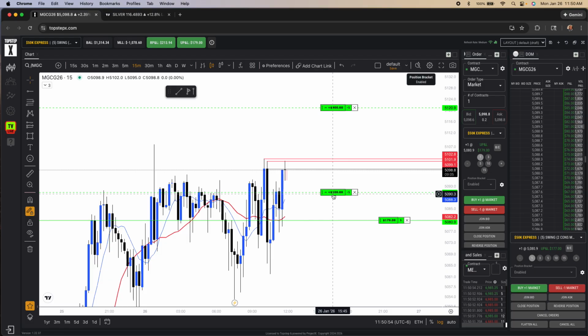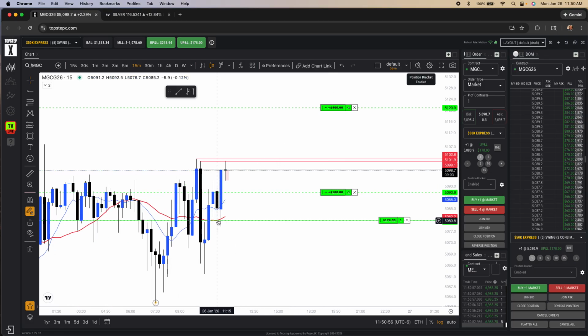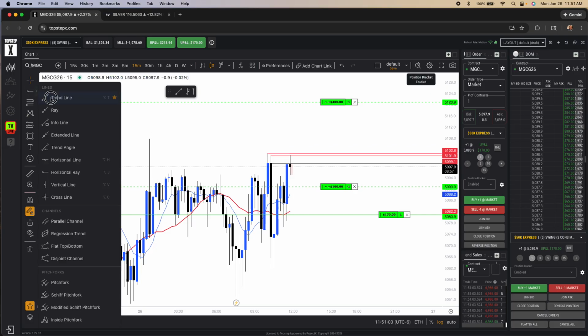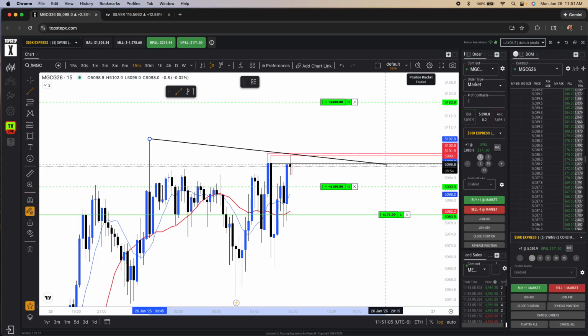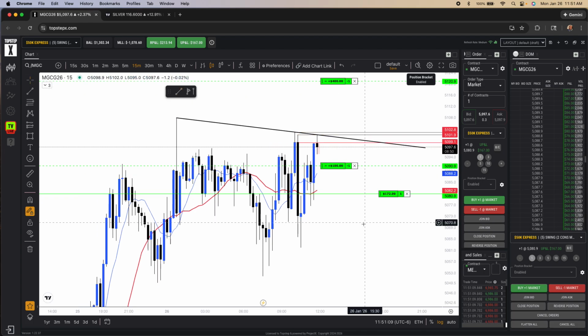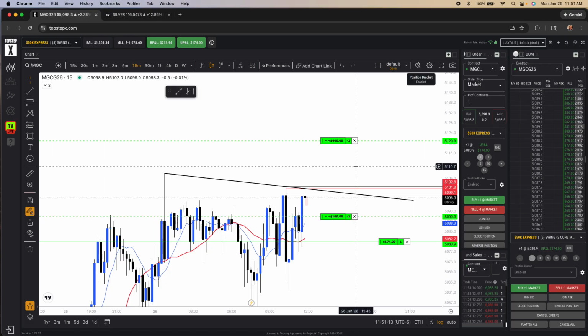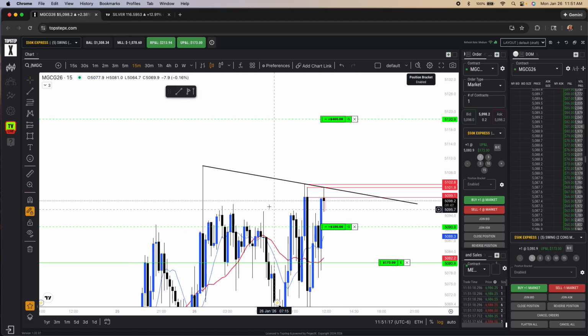I kind of like this. We do have this little order block, last down candle before the up move. This is kind of like a base that we created. We may end up rallying to the upside, and it'll create a demand zone for us.